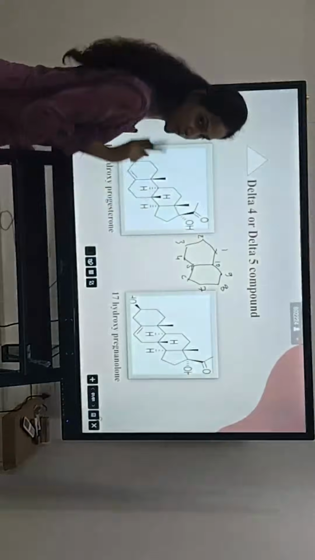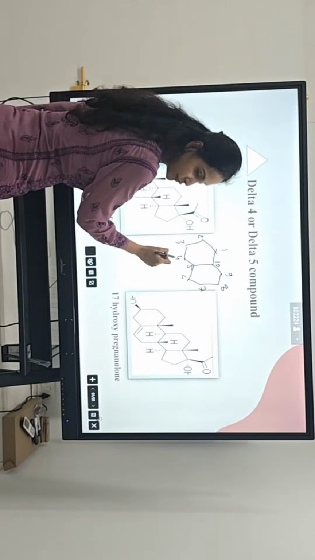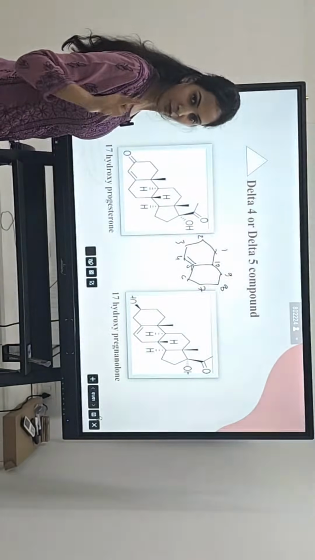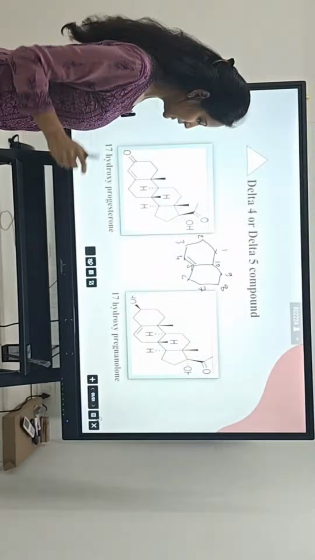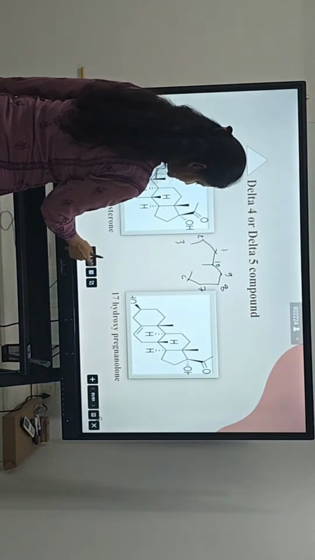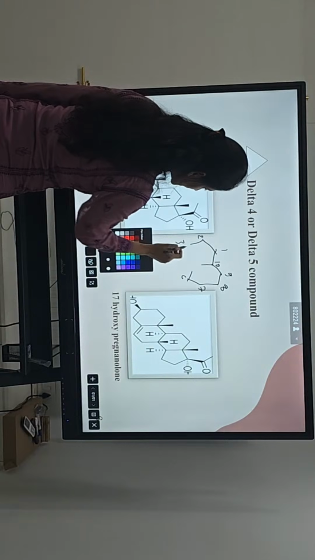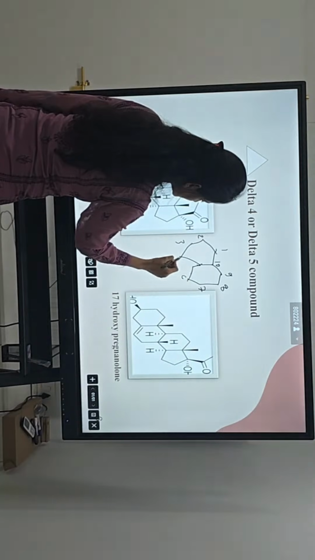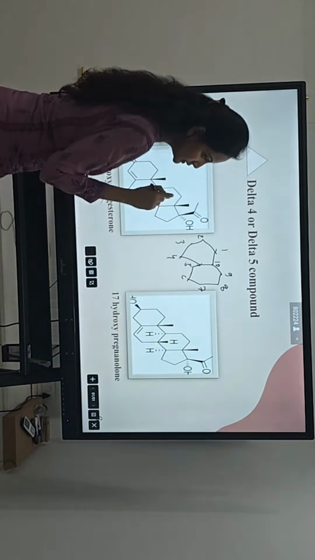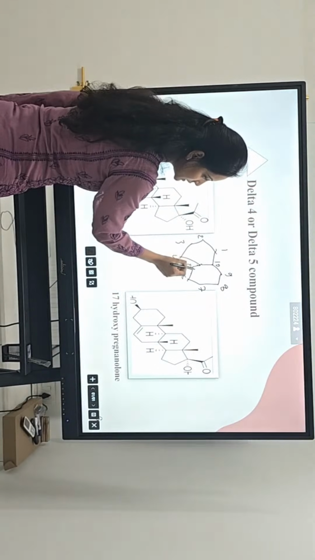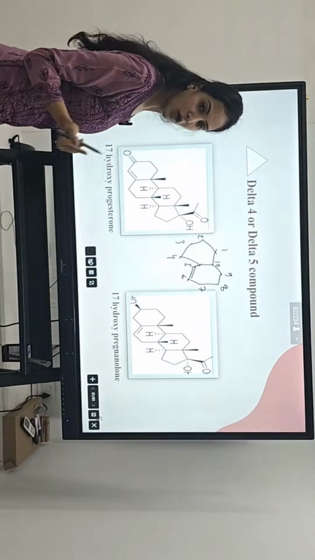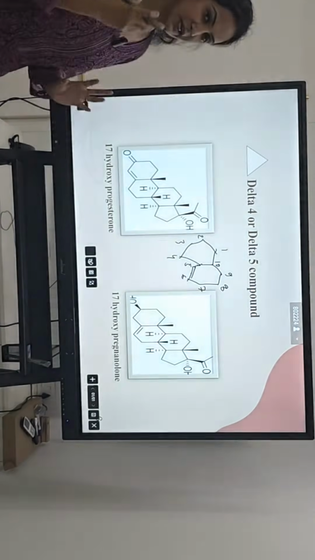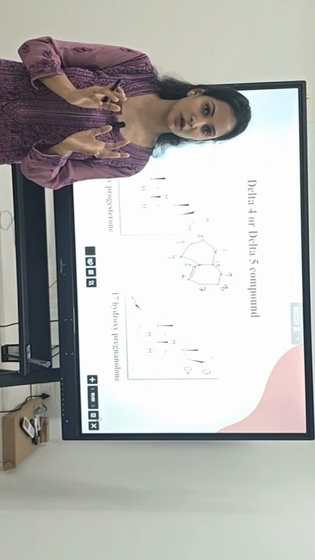If this double bond is present between carbon number 4 and 5, what will we call it? Delta 4 compound. And if the double bond is present between 5 and 6, we will call this a delta 5 compound. So delta 4 compound and delta 5 compound, they are isomers of each other.